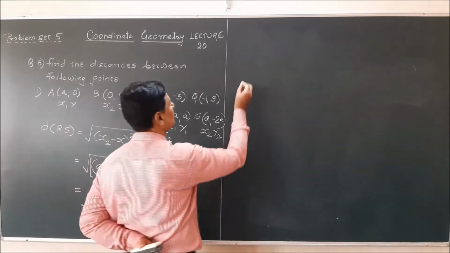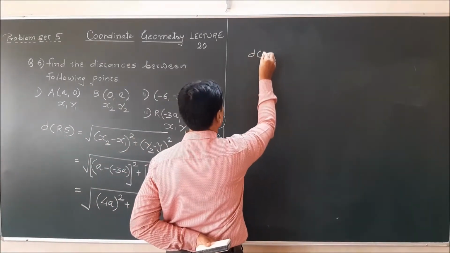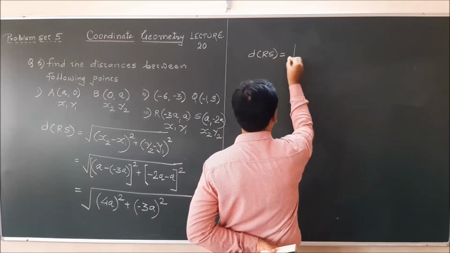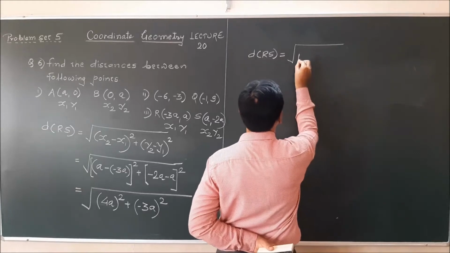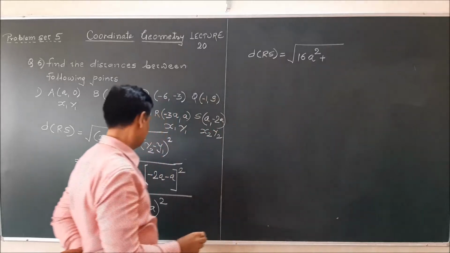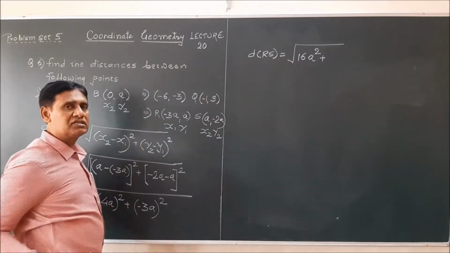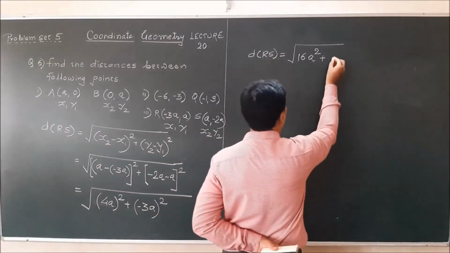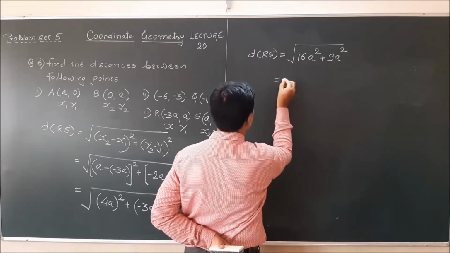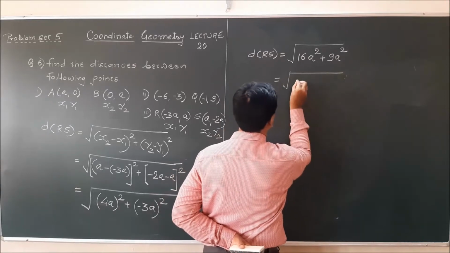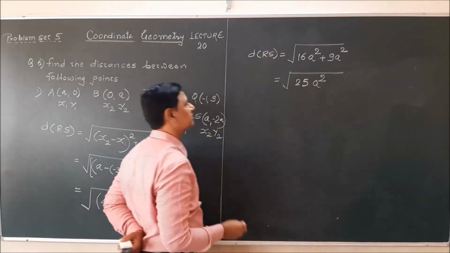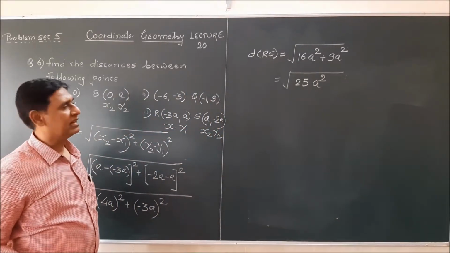So distance RS is equal to 4a the whole square, which gives 16a square, plus minus 3a the whole square, which gives 9a square. So 16a square plus 9a square will give us 25a square.